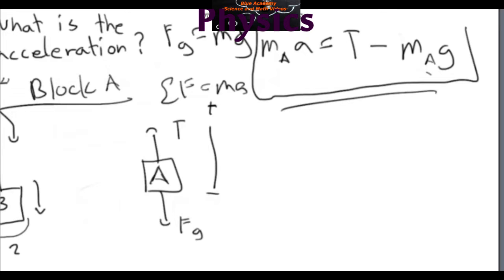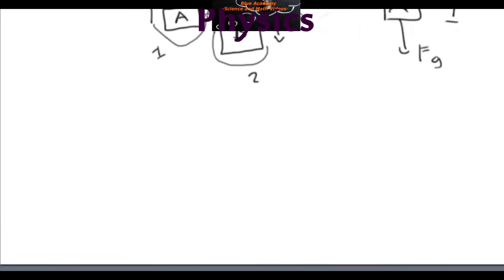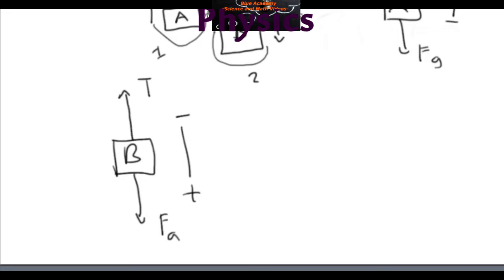Let's do the other one. We have our block B here, and B is going downwards. So our positive direction is going to go here, and right here is our negative direction. We only have two forces acting on the block: the force of tension and the force of gravity. Again, by using Newton's second law, we have F_g minus the tension.